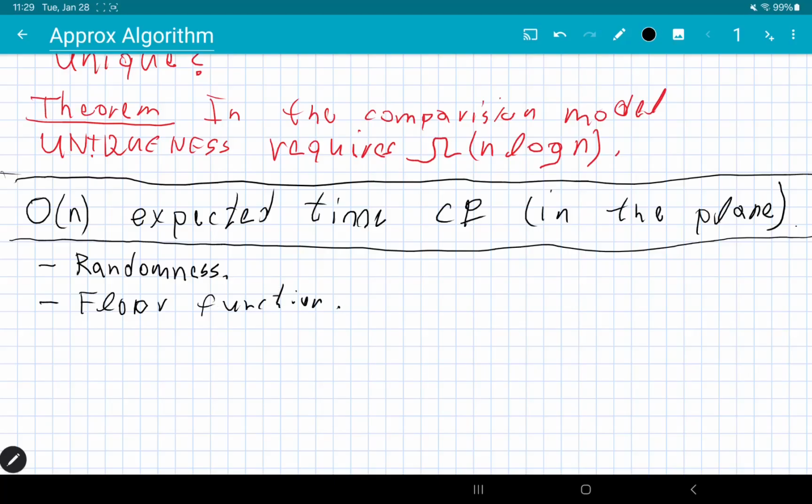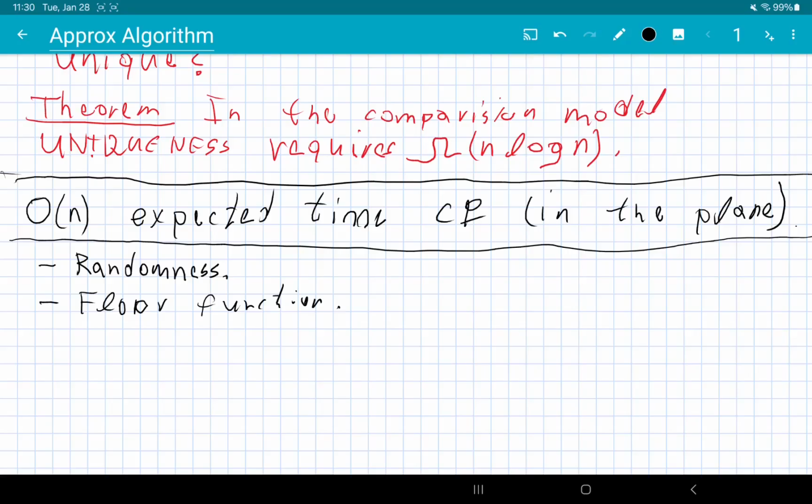Now, the floor function is something that theoreticians don't really like, because you can get into a horrible mess if you allow the floor function in the RAM model, because you can pack a lot of numbers into a single number and then do essentially vector calculation quickly.